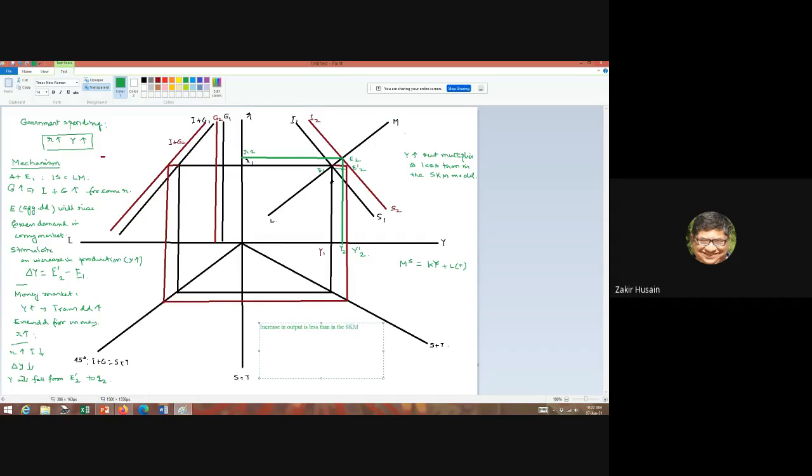The second important fact is, if you look at the I plus G side, what has happened to investment? Compare between E1 and E2.